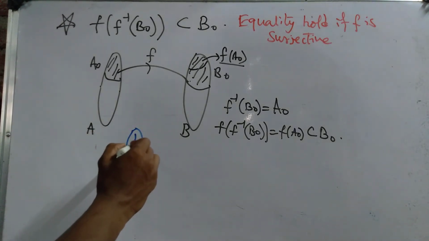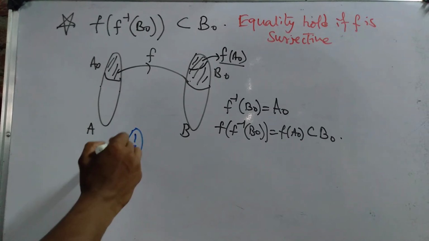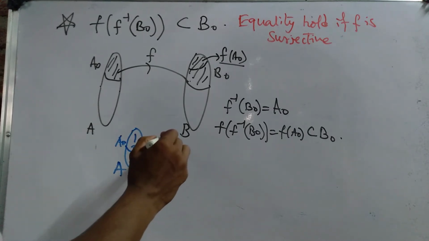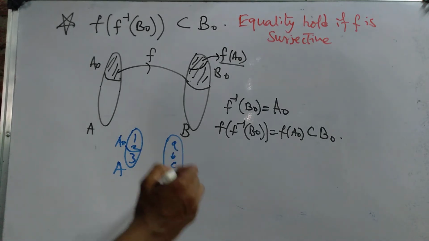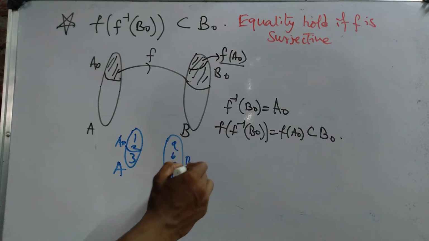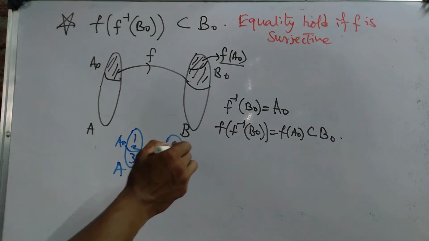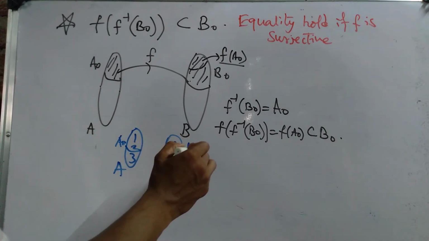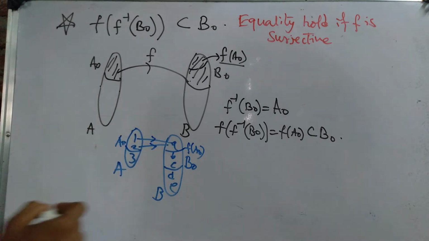Here 1, 2, 3 in A, and this one is A0, and here A, B, C, D, E in B. Then A, B, C equals B0, and A equals f of A0, that means just this one. Then what happened?